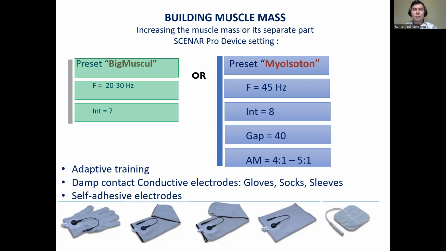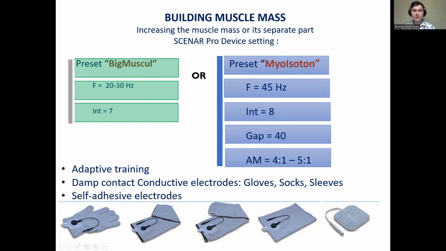And the building muscle mass technique includes using the big muscle presets combined with low frequency of 20 to 30 hertz and intensity 7, or using the isotonic myostimulation preset combined with frequency 45 hertz, intensity 8, gap 40, and amplitude modulation of 4:1 to 5:1.